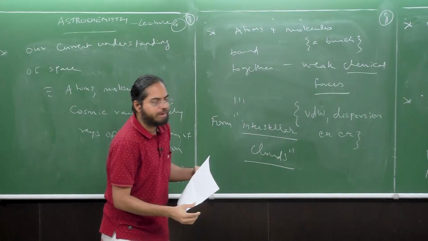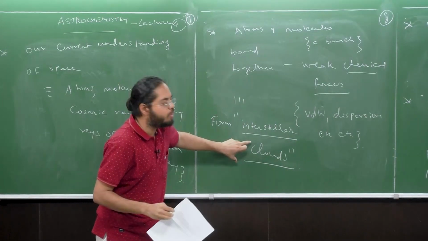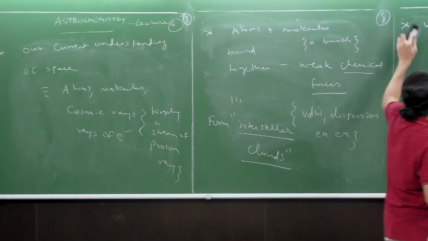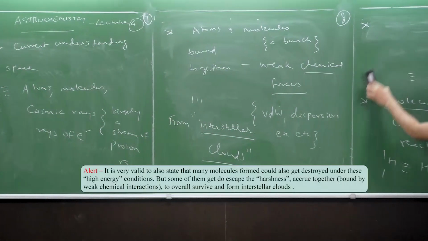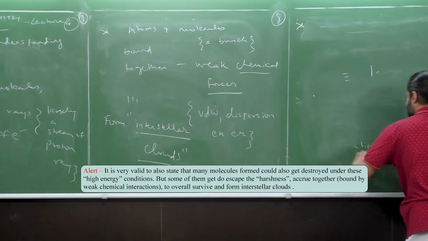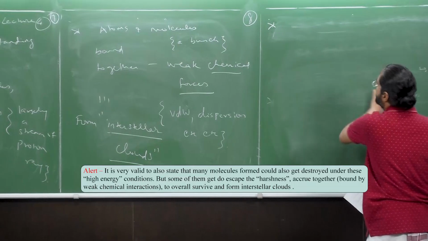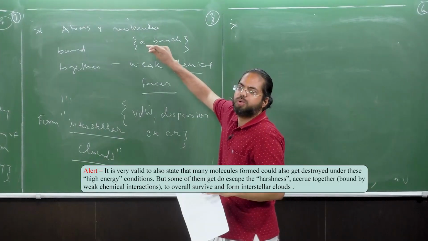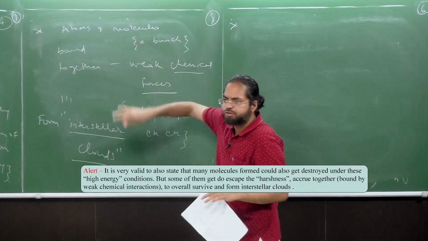Now, the phrase interstellar clouds is something very important, and we shall be using it frequently in this lecture. And what is an interstellar cloud? It is nothing but a collection of atoms and molecules which are loosely bound with each other. And I haven't told you the exact number which is involved in this cloud.